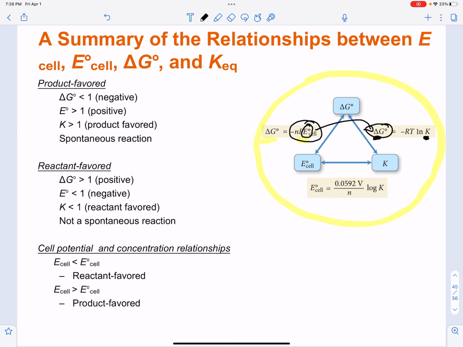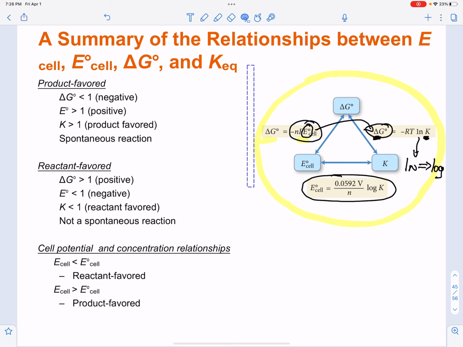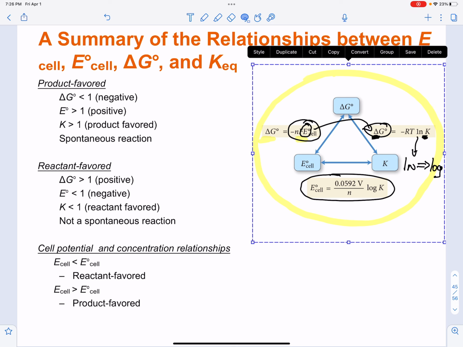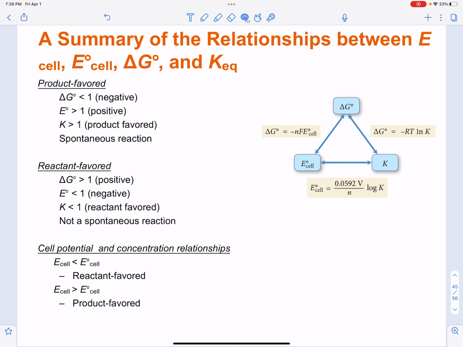And when we take the natural logarithm and convert it into base 10, the Nernst equation looks like that. So you can relate all those formulas like that. And this is what we were talking about earlier, when to determine that the products are favored or that the reaction is spontaneous.